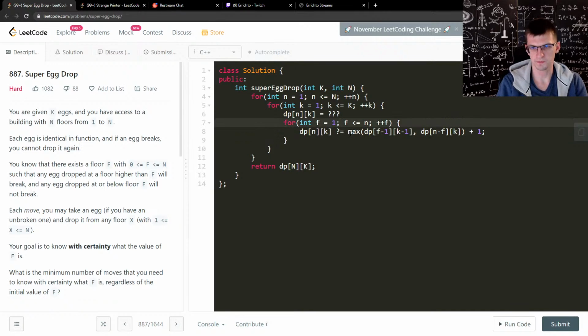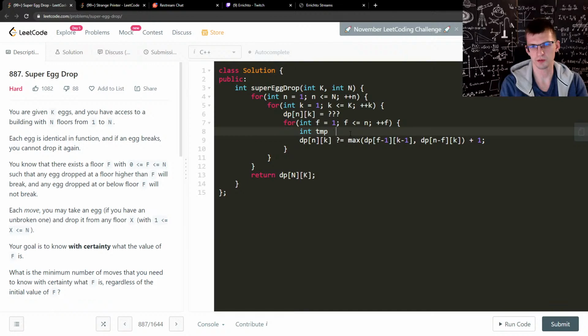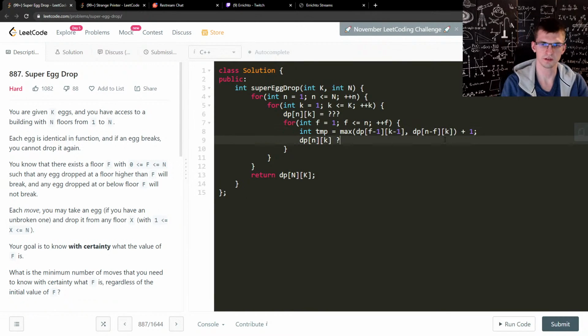I will create a temporary variable, tmp. This is the number of moves, the answer, in case I choose this floor. And then here I do minimum of dp of n, k, comma, tmp. So that the minimum makes sense, I can put in some kind of infinity.